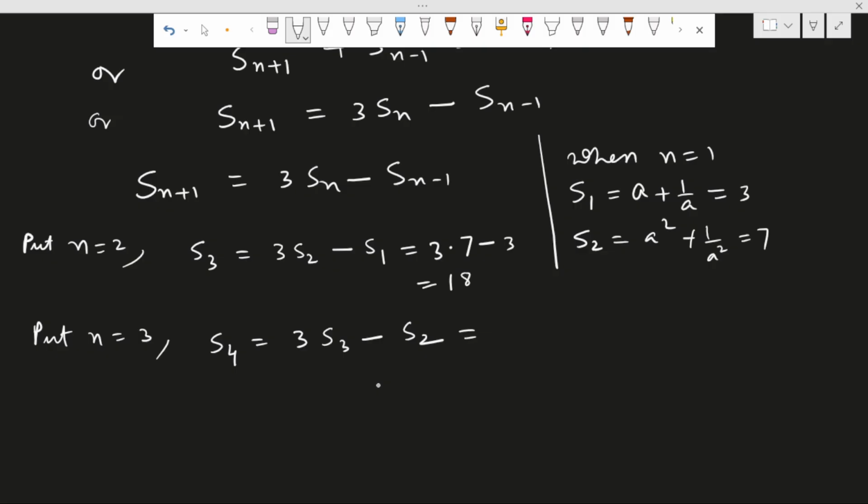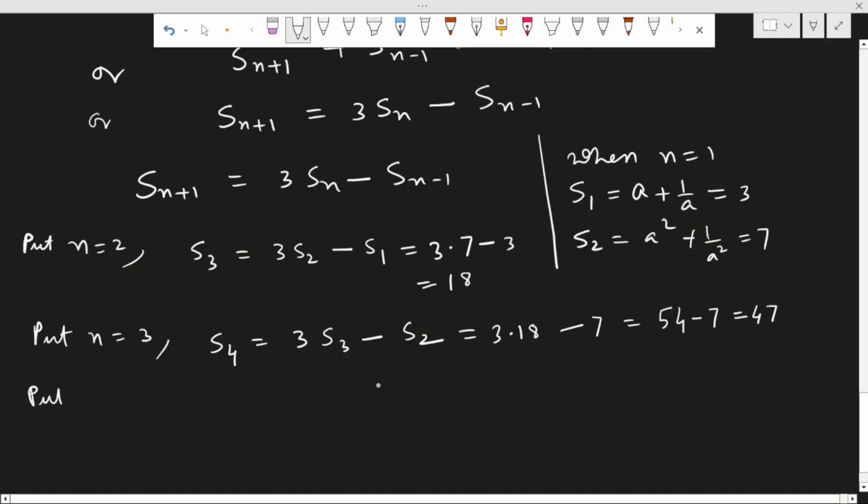We have got the value of S3, S3 is equal to 18, and S2 is equal to 7. That is equal to 3 into 18, 54, minus 7. That is equal to 47.